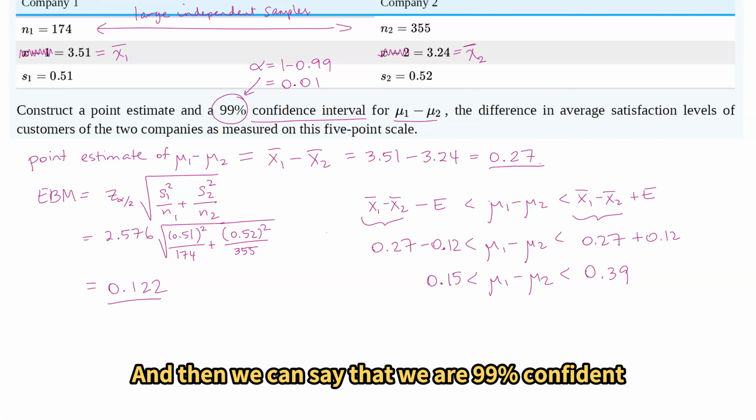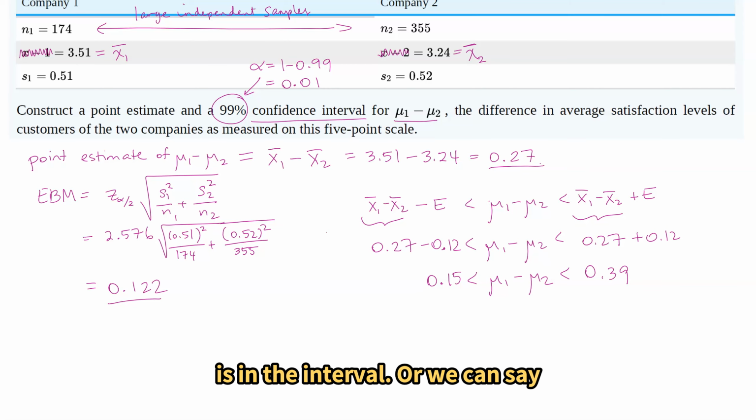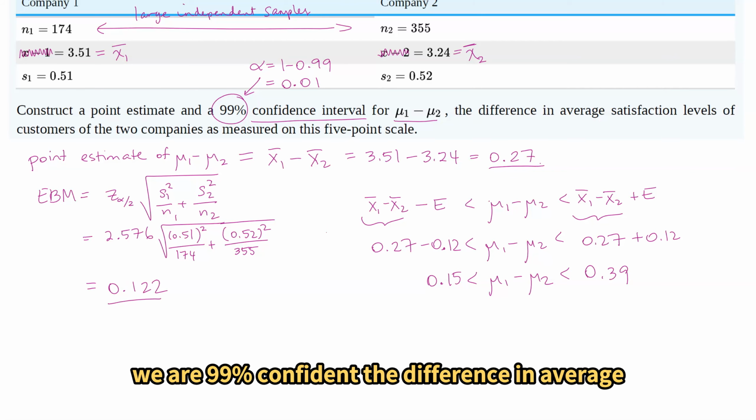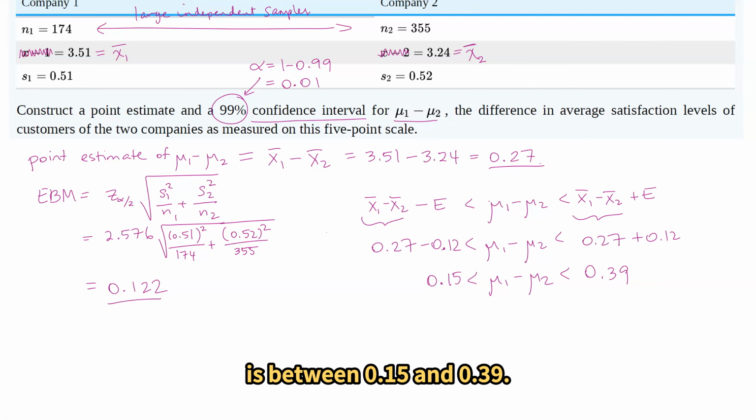And then we can say that we are 99% confident that the difference in the population means is in this interval. Or we can say we are 99% confident the difference in average satisfaction levels of customers of the two companies is between 0.15 and 0.39.